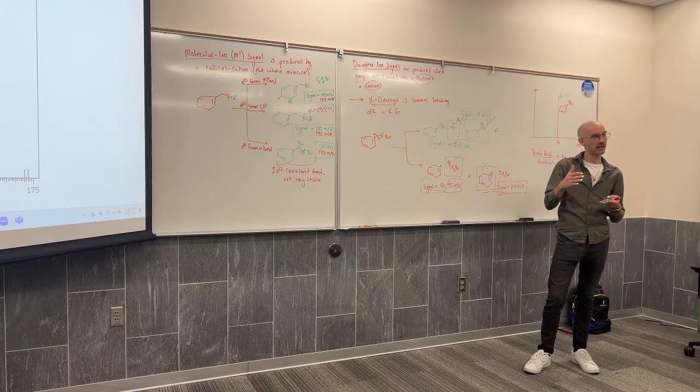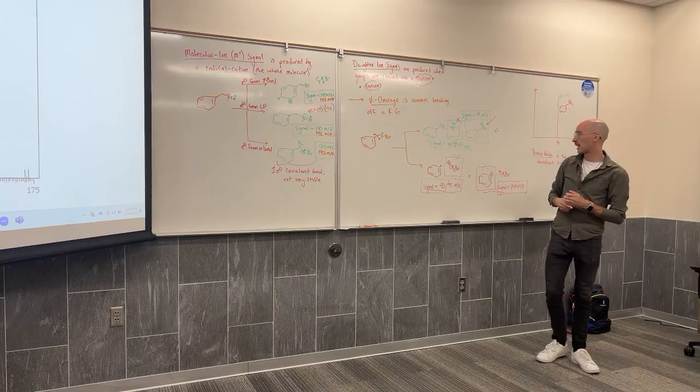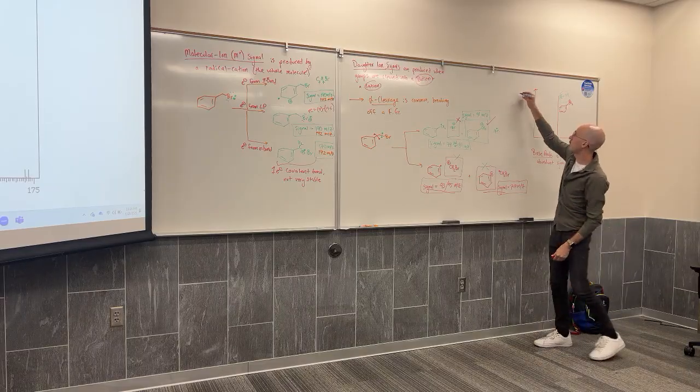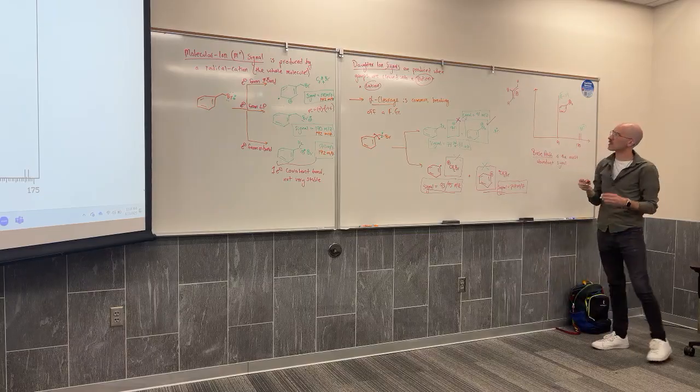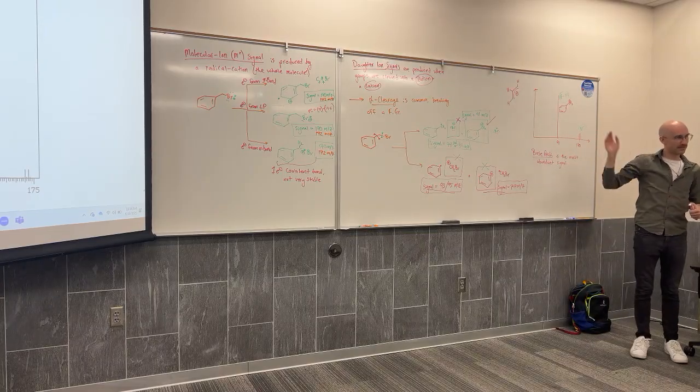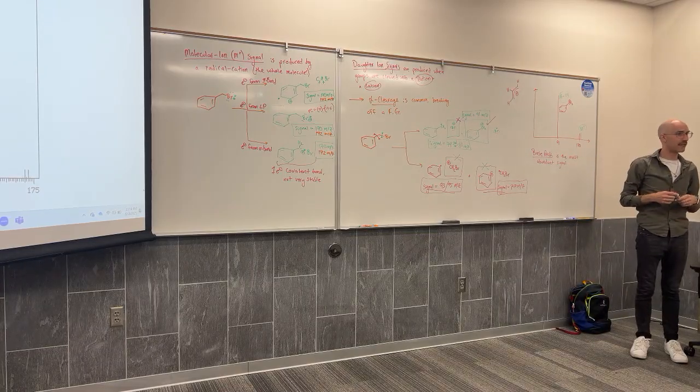So 12 times 3 is 36 plus 3 hydrogens. If I had 3 carbons with 3 hydrogens and a positive charge, that would form that signal. That could be half of the ring. How does that form? Don't worry about it.